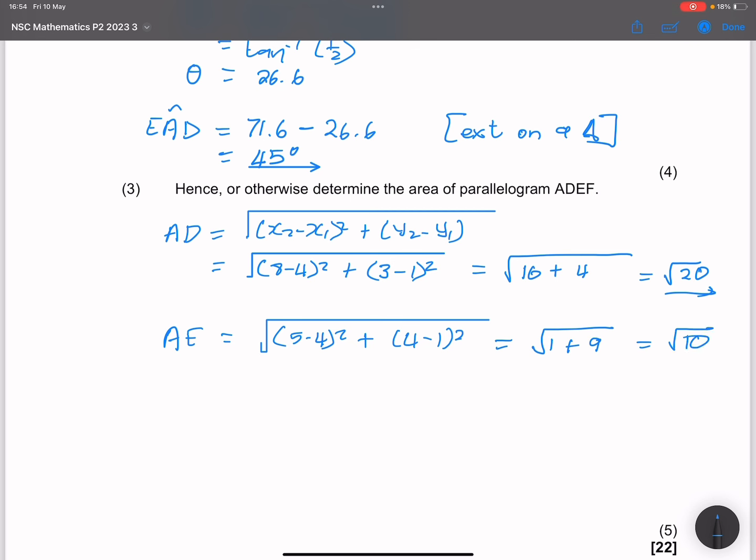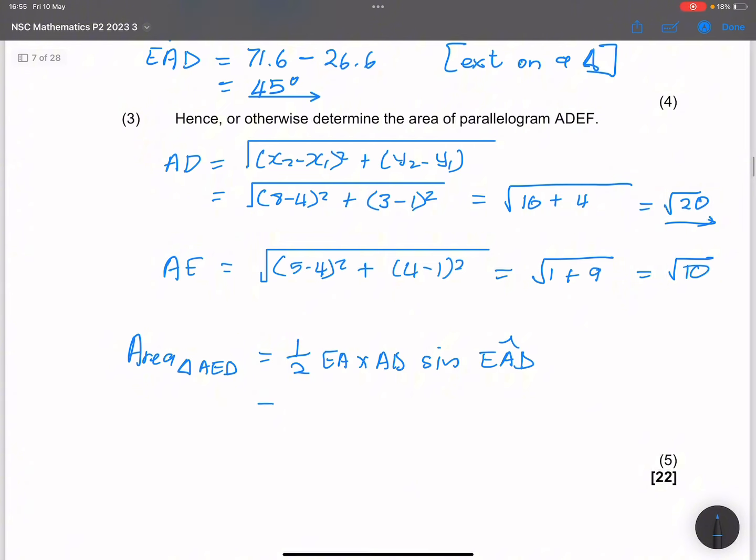All right, so now we're going to say, right, the area of triangle AED, right, will be half EA times AD, right, the sine of angle EAD, right, so which gives us half of root 20 multiplied by root 10, the sine of 45 degrees.